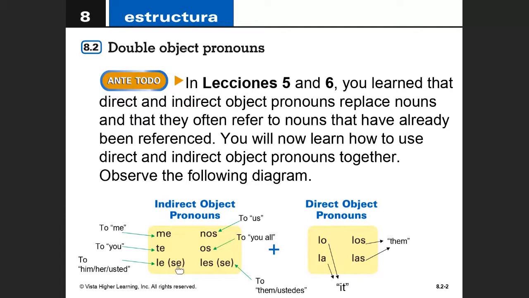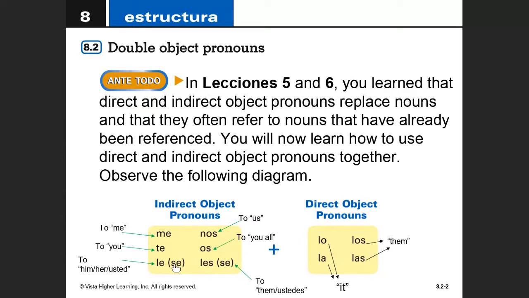But whenever we get to these two, we cannot say le lo, or le la, or le los. We cannot say that. And then what happens? Maybe you guessed it at this point. We are going to use se. We're going to convert that to se. Okay?